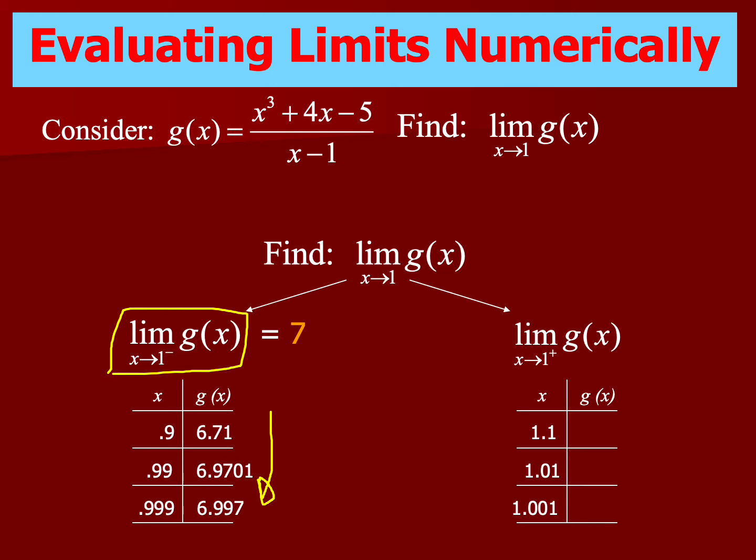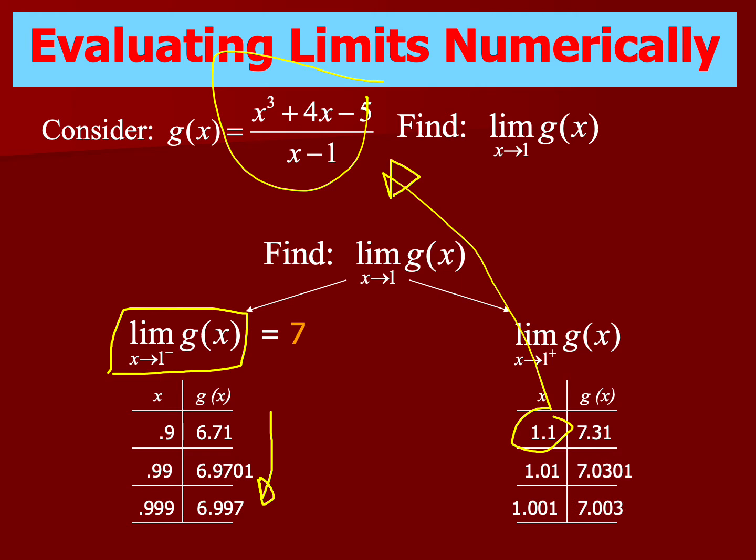When I plug in 1.1 in the function here, I get 7.31. When I replace 1.01, I also get 7.0301. I'm moving towards 7 clearly. So you can say here the limit from the right equals 7.